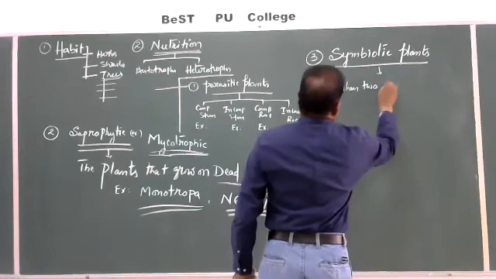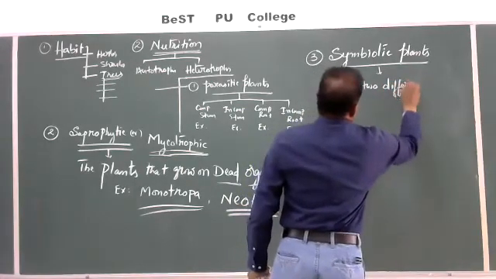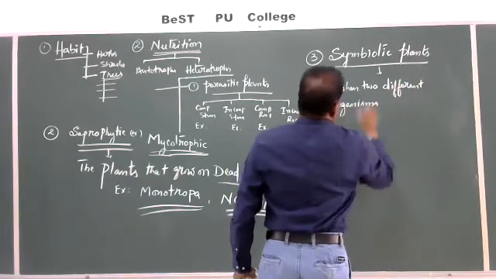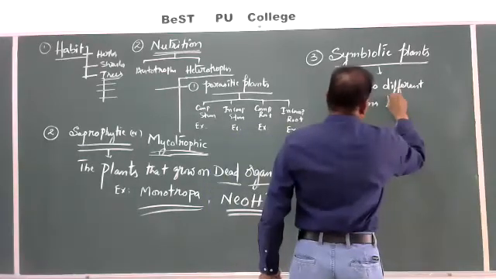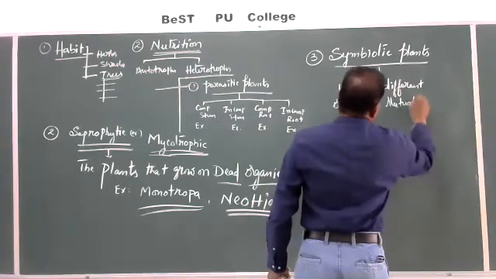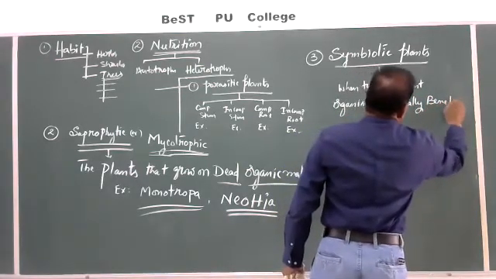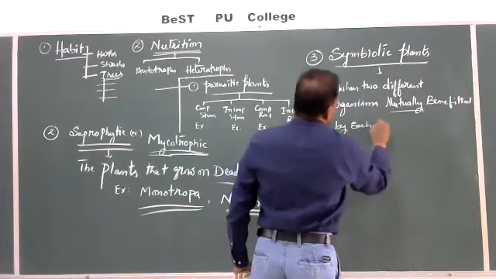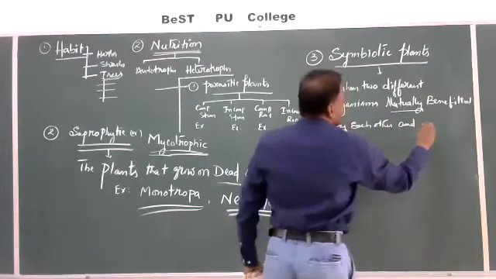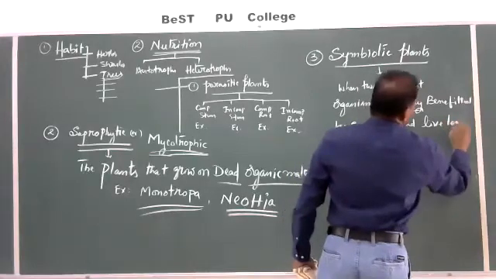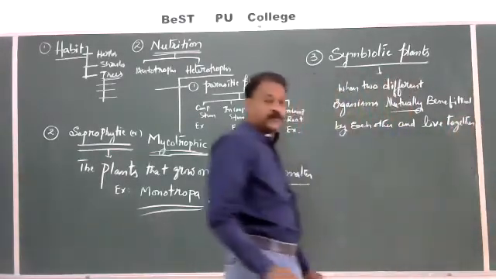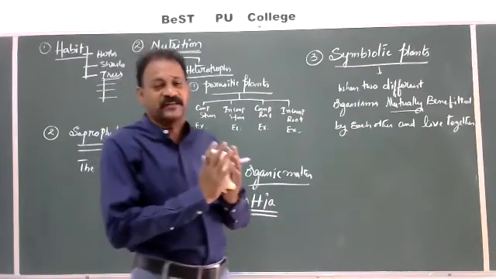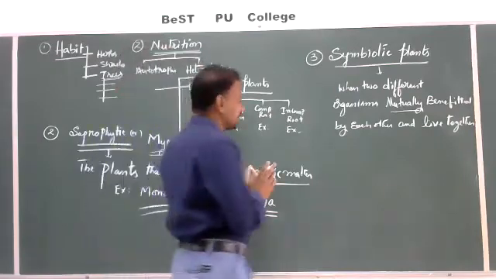When two different organisms are mutually benefited by each other and live together, such organisms which live together are called a symbiotic association, symbiosis, symbiotic relationship.